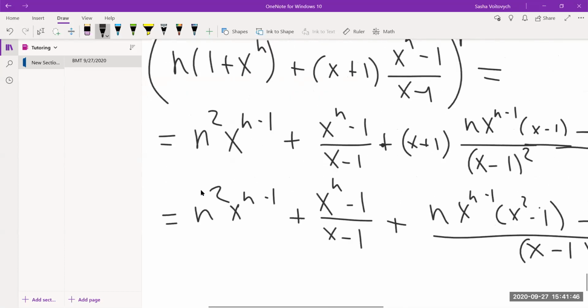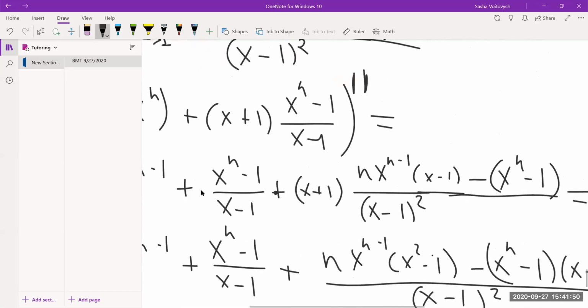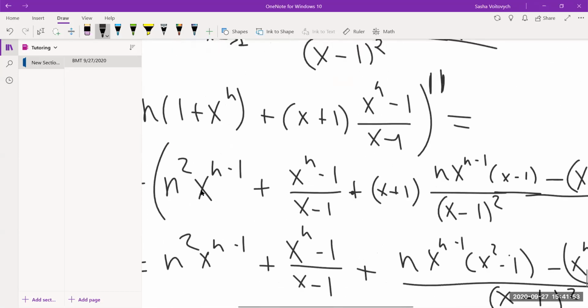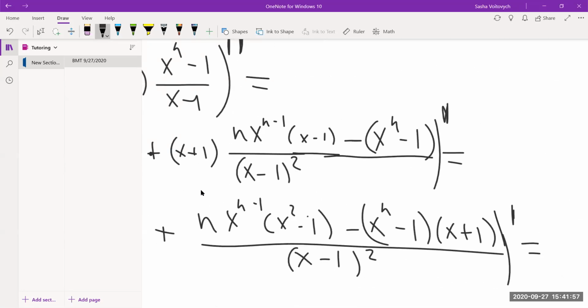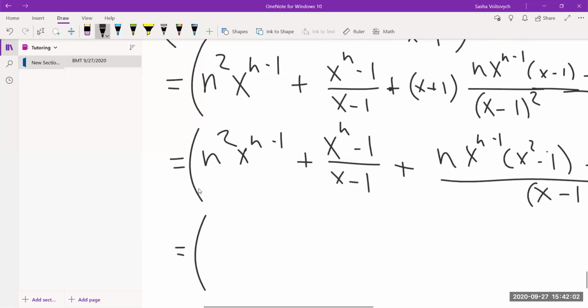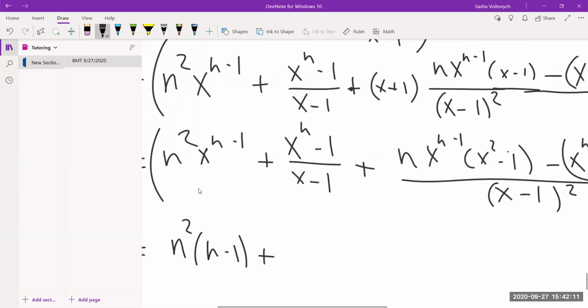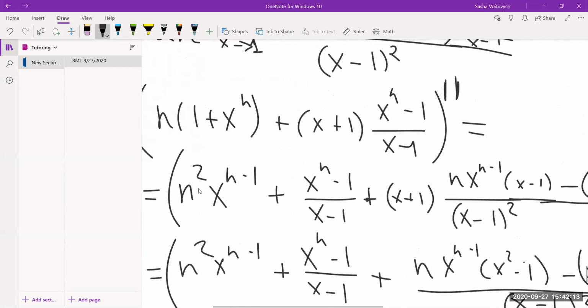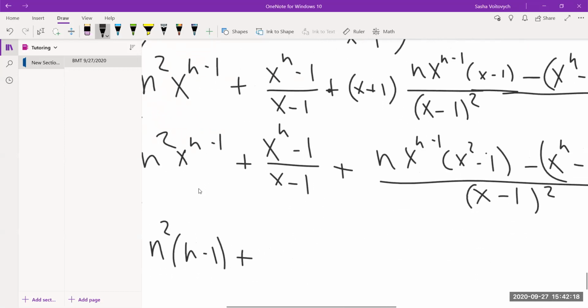Yeah, so now we have to apply L'Hopital's rule a second time. So we have to differentiate this a second time, and then we will be almost done. When we differentiate it the second time, we get n squared times (n - 1) plus x to the power of n minus 1 over x minus 1.